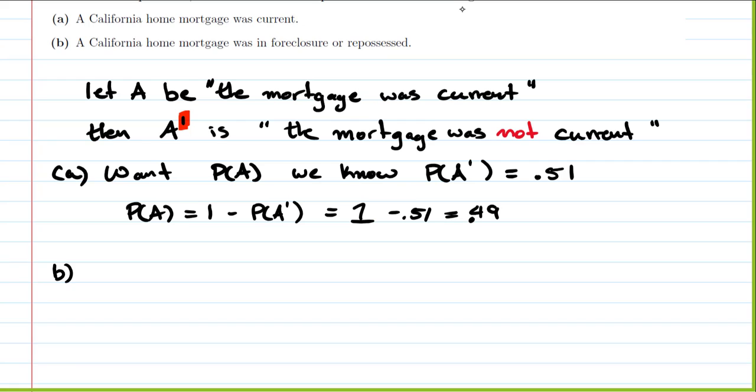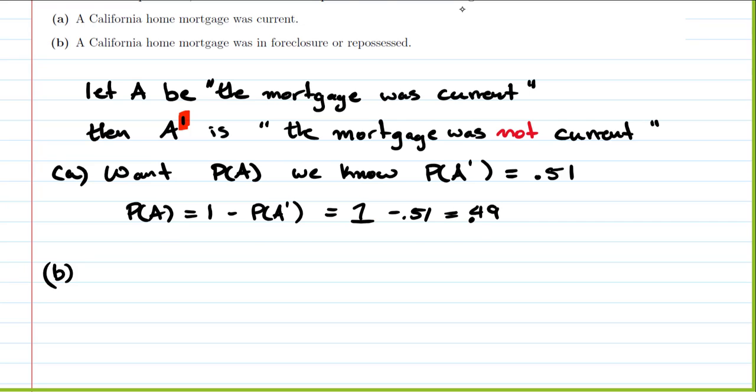All right, so now let's take a look at B. A California home mortgage was in foreclosure or repossessed. Okay. How are we going to do this one? So let's see.